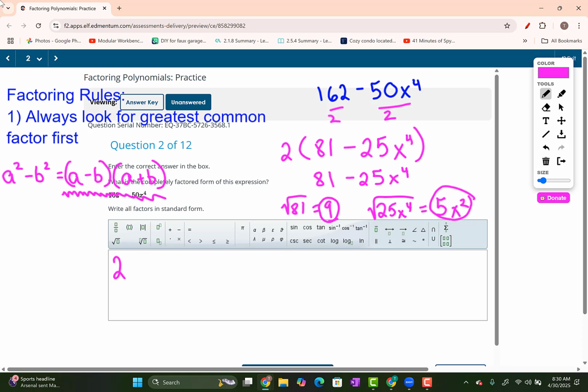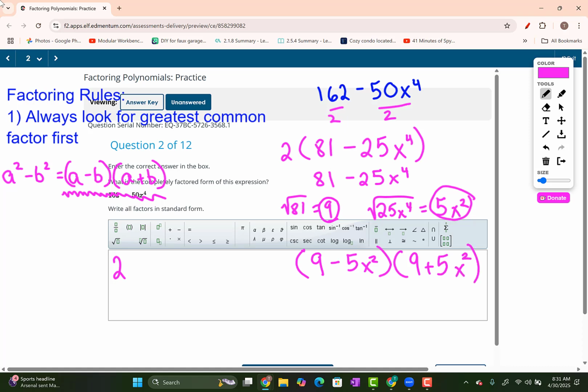It comes naturally when you go through this process of factoring a binomial, but it's easier if you do. The factors are going to take the form of a minus b and a plus b. So it's going to be 9 minus 5x squared and 9 plus 5x squared.